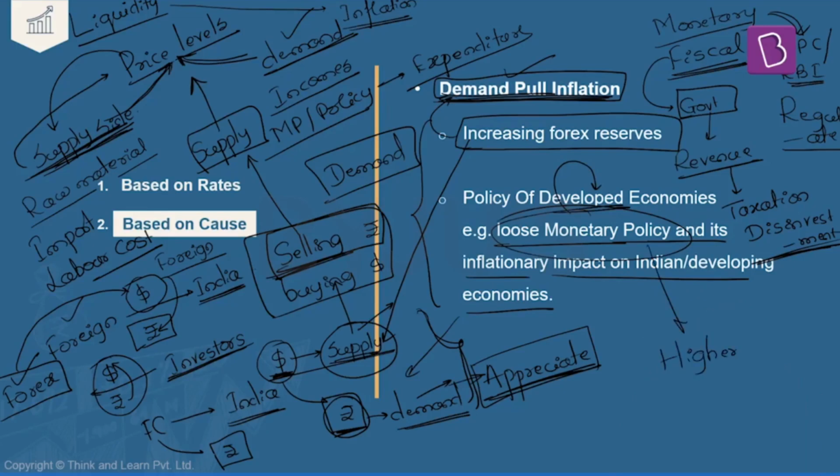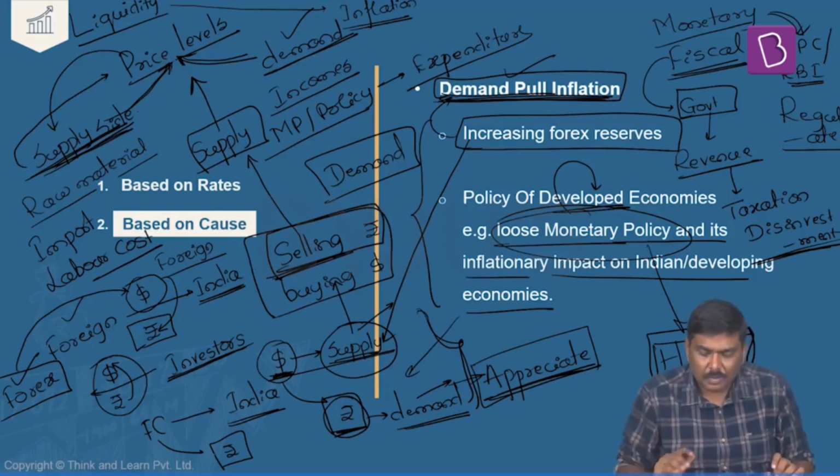Now again, do not worry about how the money supply is going to increase because I'll discuss this in detail when I take up monetary policy. But essentially what I'm trying to say here is because of these kinds of policies, the money supply in the domestic market increases. And when there is too much money supply in the domestic market, this is expected to cause inflationary pressure or inflationary trends in the market.